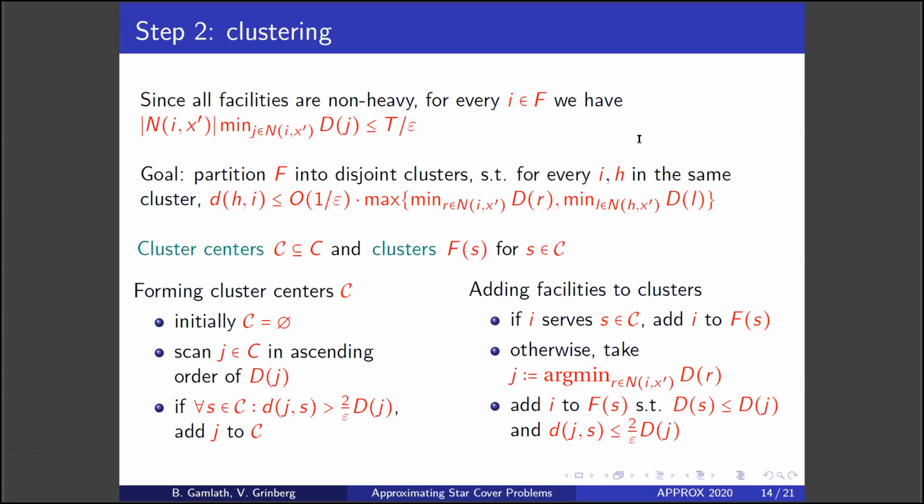Observe that J is not a cluster center. We add I to the cluster centered at S that prevented J from becoming one. After this process, every facility will be assigned to a cluster.